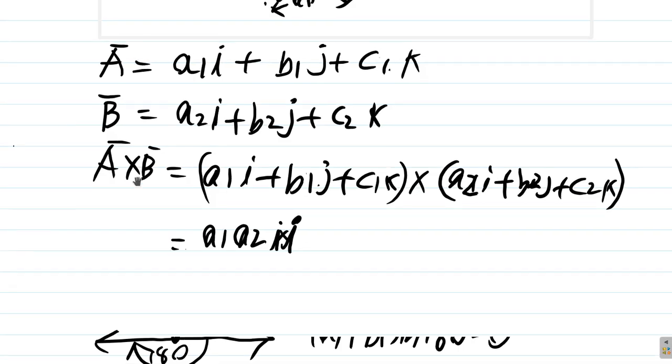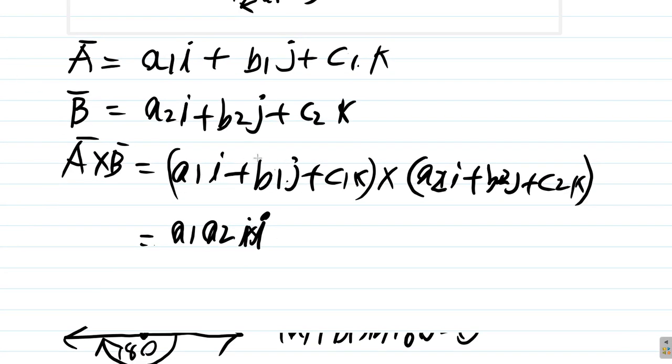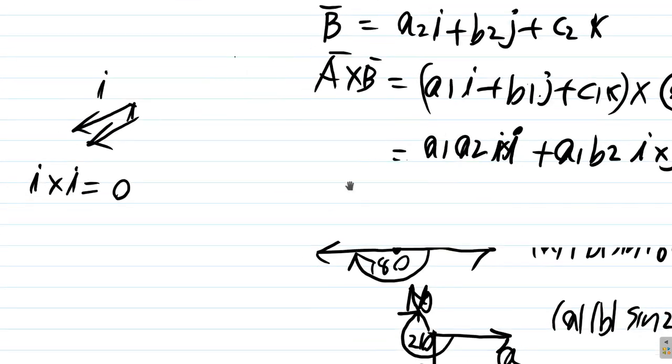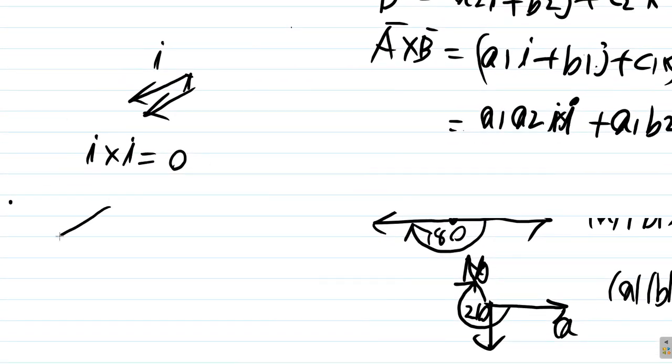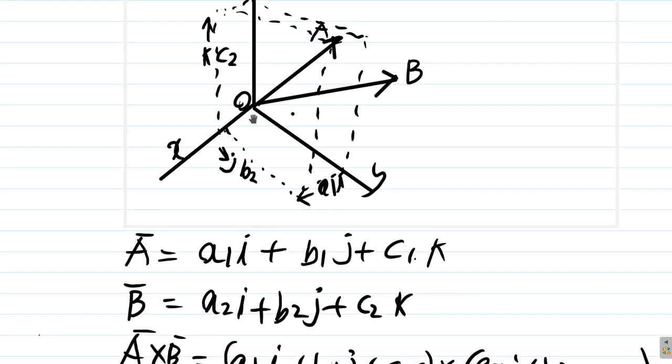Now, here we have A1, B2, i cross j. But what would be i cross j? If we have i in the x direction, following the same direction here, it's x, y, z.